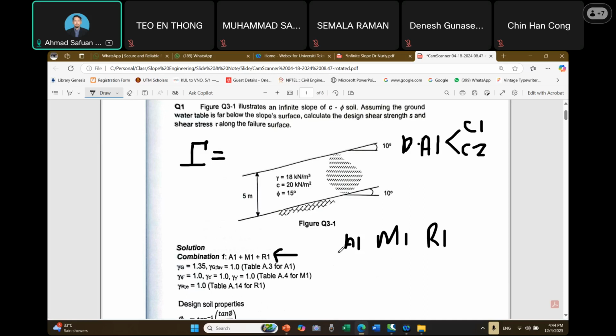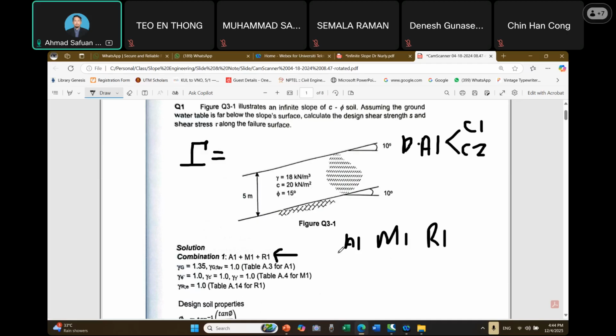For example, for a slope, resistance provides stability while driving provides instability.